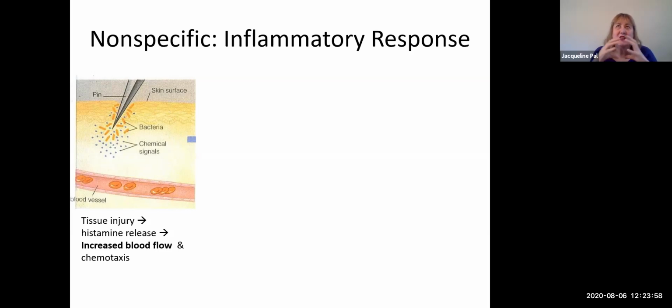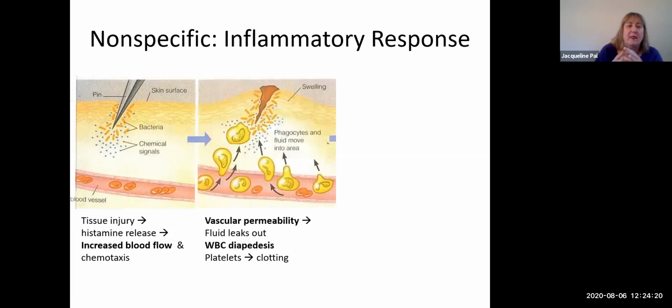And the dilating of the blood vessel will increase blood flow into the area, making it warmer and changing the color. Now, we also are going to have chemotactic factors being released at the same time, and histamine promotes that chemoattraction to happen.